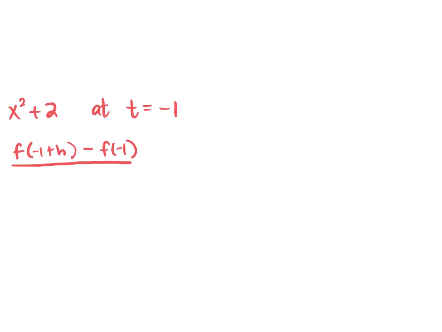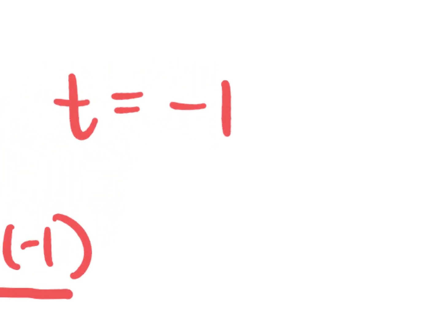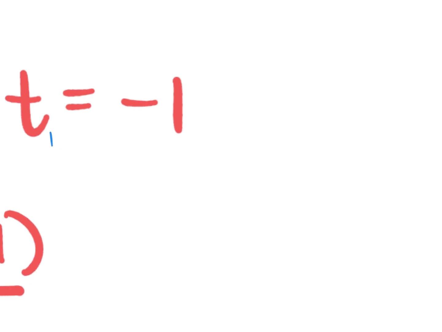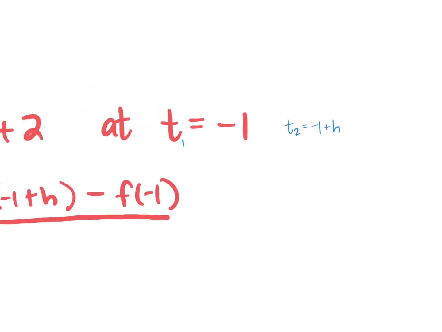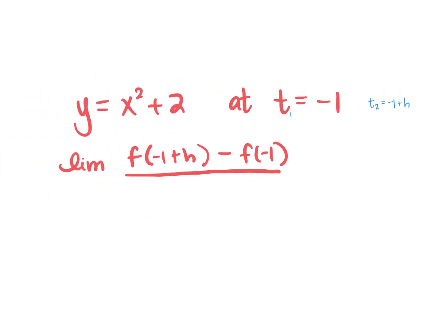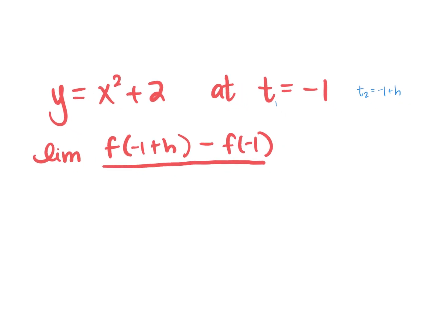You guys know how to do subscripts in physics, right? Like t sub 1, you've seen that in your physics classes. And then t sub 2 would be -1 plus h. That's another way to think of it. All right, we want h in our denominator, h minus 0, and h approaches 0.